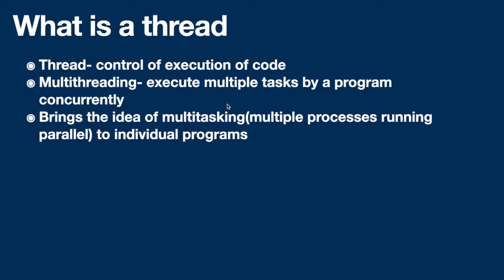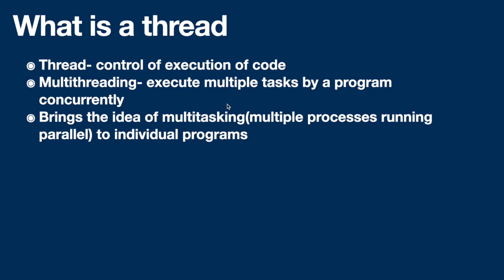This multitasking is managed by the operating system, and multitasking means multiple processes or multiple programs running at least parallelly. They look like running parallelly, but as you know, CPU execution is step by step, but the operating system manages the memory and CPU cycle for different programs, and the user perceives that these things are running parallelly.